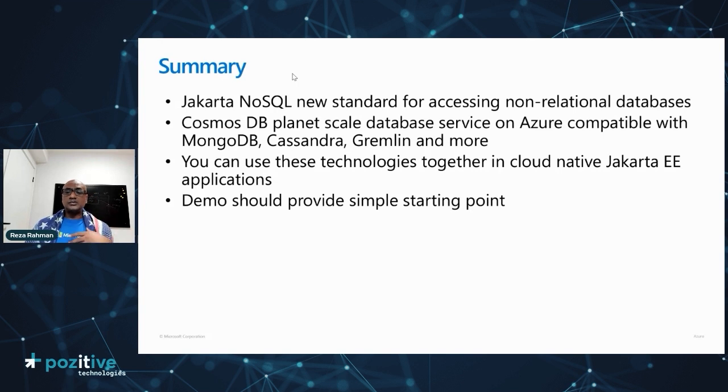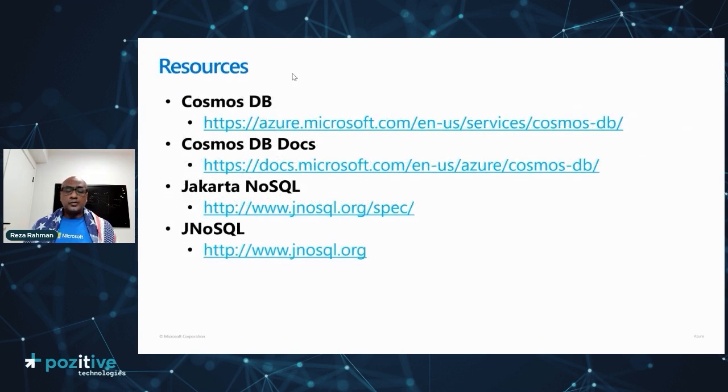And you can use these technologies together in your cloud native or your enterprise applications very easily. And hopefully, the working example code that I gave you, and the reproducible demo that I gave you, should be a good, decent starting point for you to begin exploring these APIs yourself.